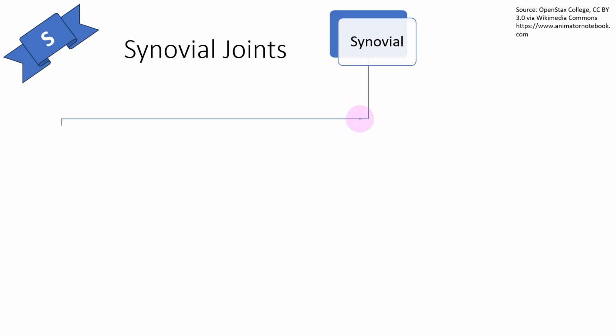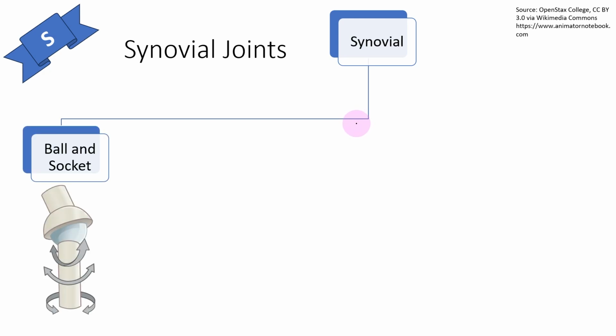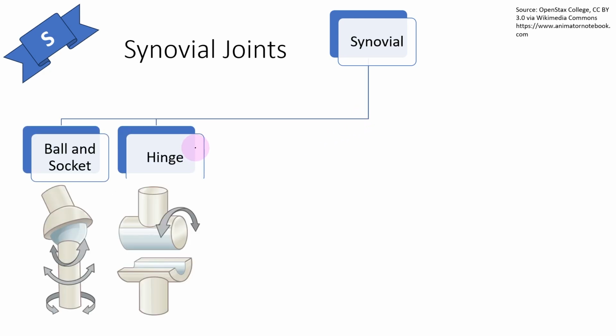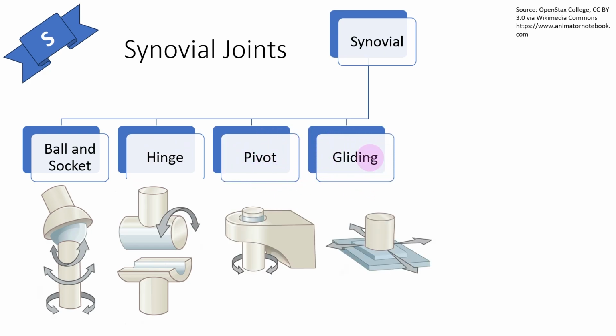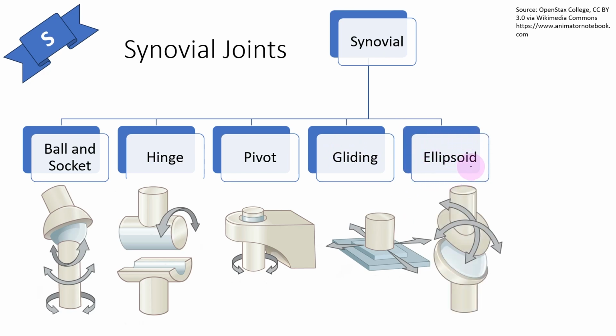For example, synovial joints are classified into ball and socket joint. Then we have a hinge joint. Then we have what is called the pivot joint. Then there is gliding joint. Then there is ellipsoid joint. Ellipsoid joint had other names earlier. They were also called condyloid joint. Not condylar, they are condyloid joints.